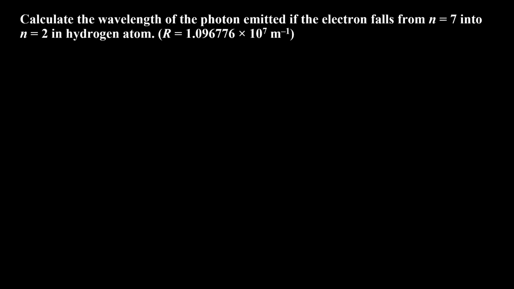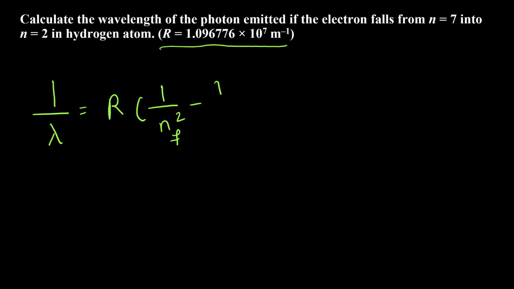In this example, we would like to calculate the wavelength of the photon when the electron falls from level 7 to level 2. And because we have the R value, it's a lot easier to use the Rydberg equation instead of the Bohr equation. So the Rydberg equation is 1 over lambda equals R times 1 over nF squared minus 1 over nI squared.